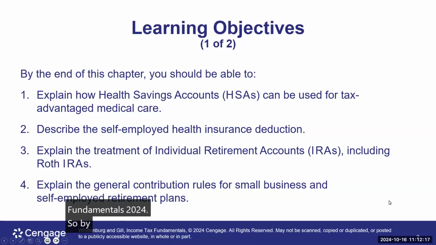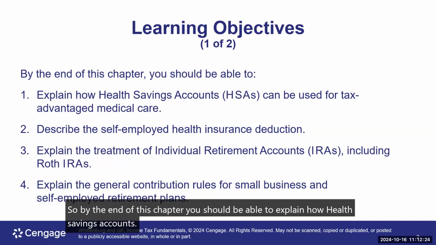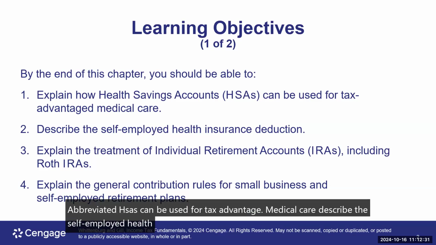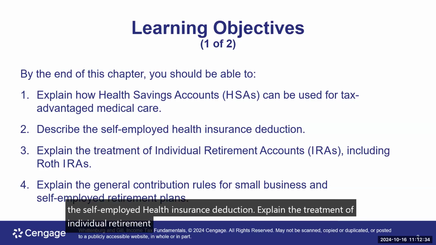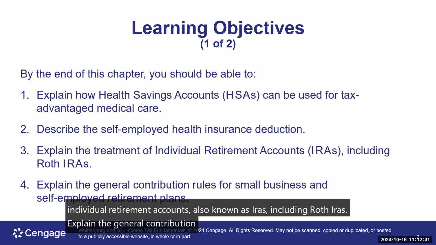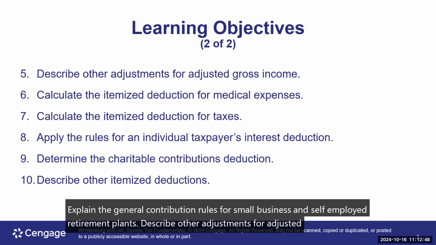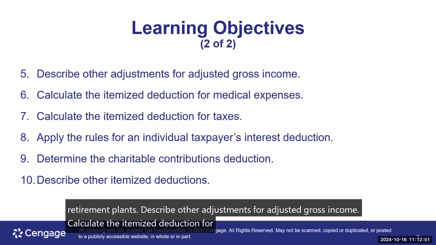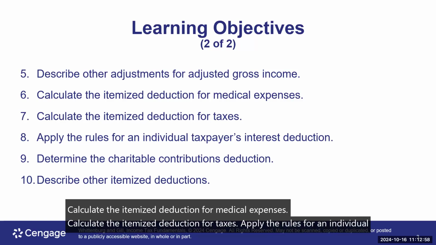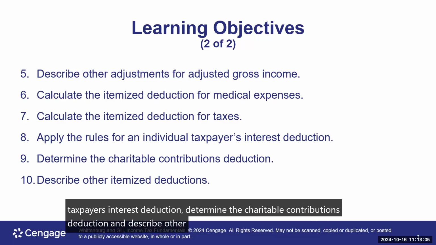By the end of this chapter, you should be able to explain how health savings accounts, abbreviated HSAs, can be used for tax-advantaged medical care, describe the self-employed health insurance deduction, explain the treatment of individual retirement accounts, also known as IRAs, including Roth IRAs, explain the general contribution rules for small business and self-employed retirement plans, describe other adjustments for adjusted gross income, calculate the itemized deduction for medical expenses, calculate the itemized deduction for taxes, apply the rules for an individual taxpayer's interest deduction, determine the charitable contributions deduction, and describe other itemized deductions.